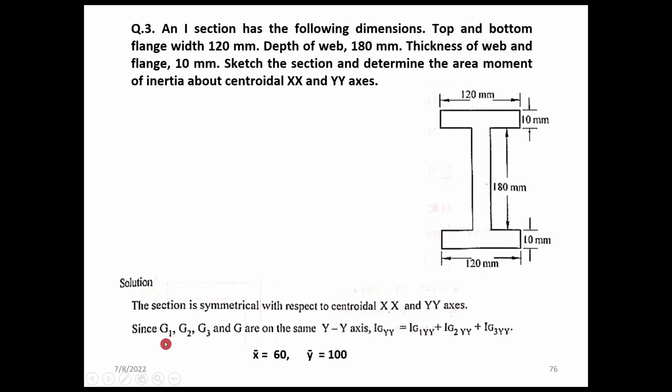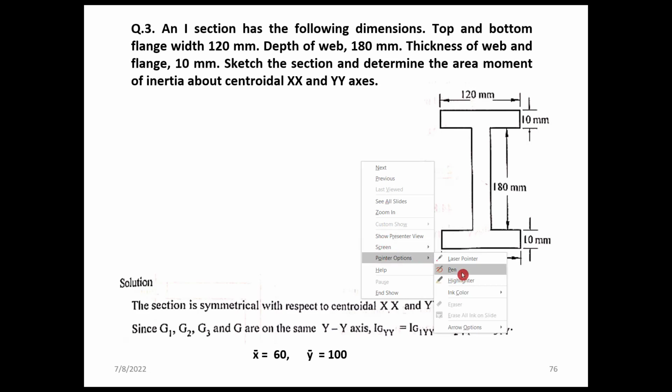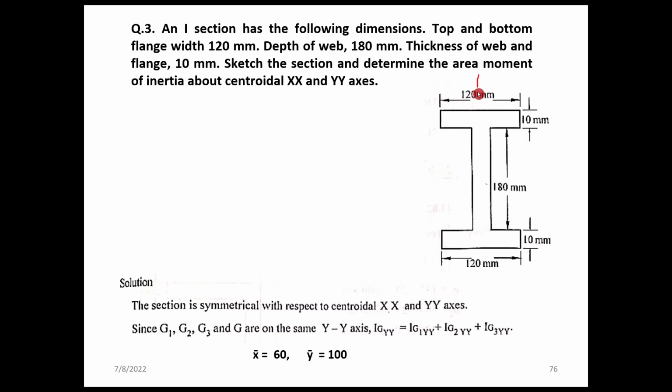No, actually this G1, G2, and G3. Yeah. So please note that the centroidal axis of this one will be like this. So please note that the centroidal axis of this horizontal G1 will be through this point.